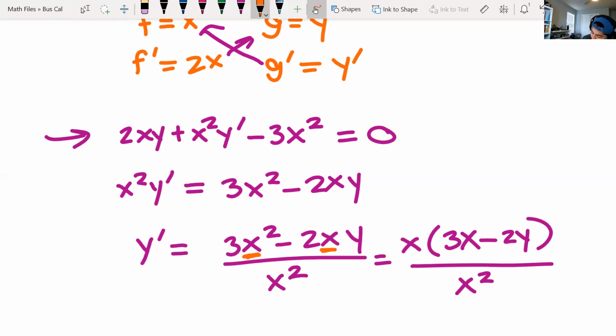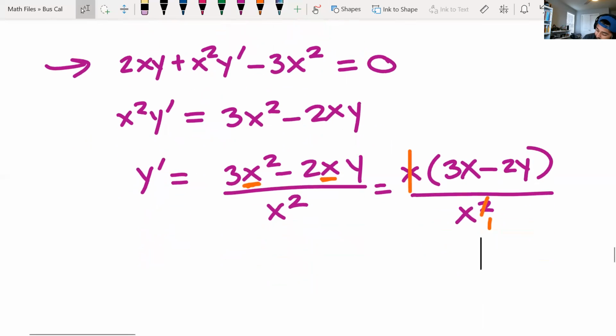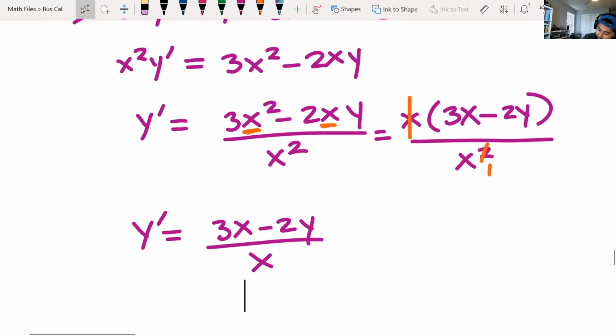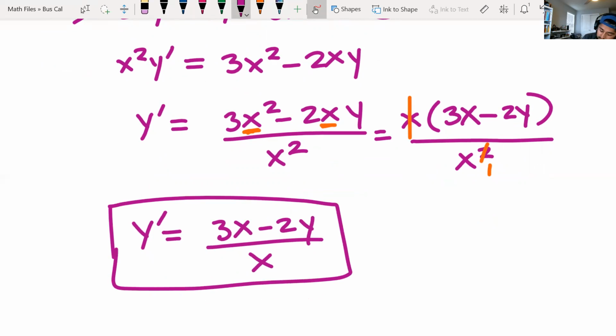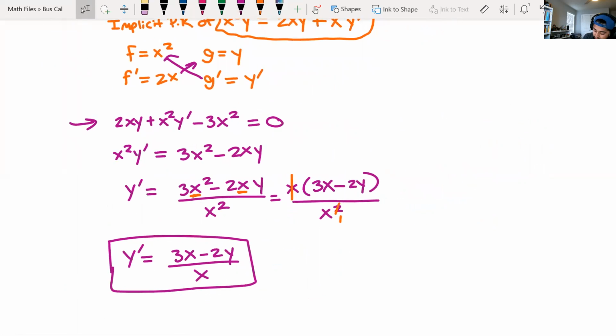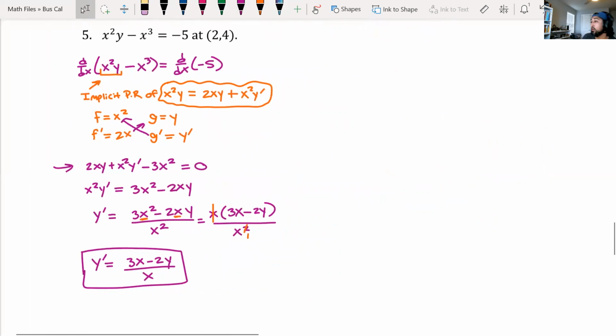And then this x will cancel, and this power will become a 1. And we get our implicit derivative simplified as 3x minus 2y over x. So if you have a chance to simplify, then do it. The other ones we did not.